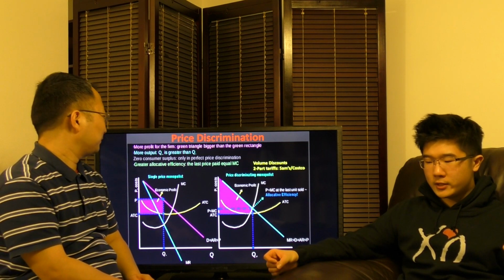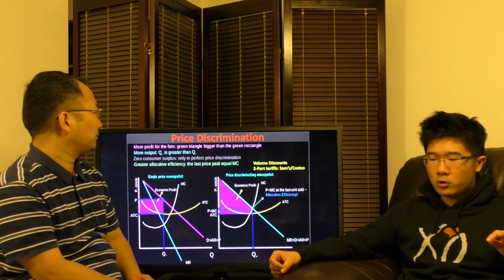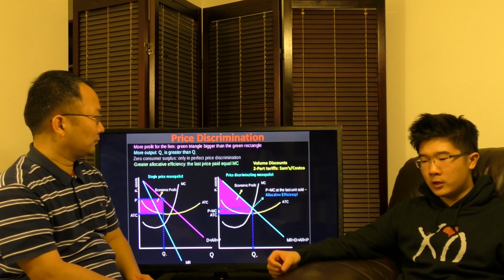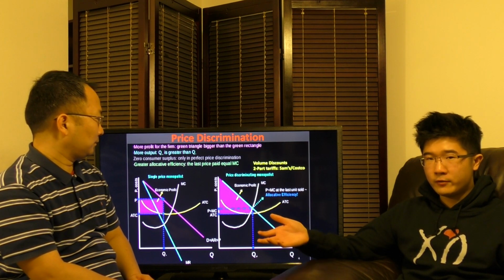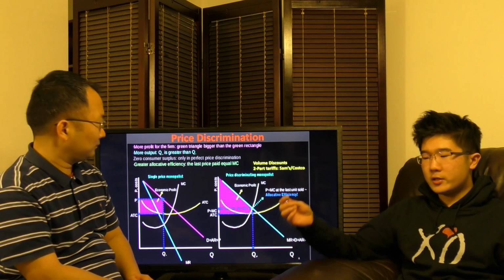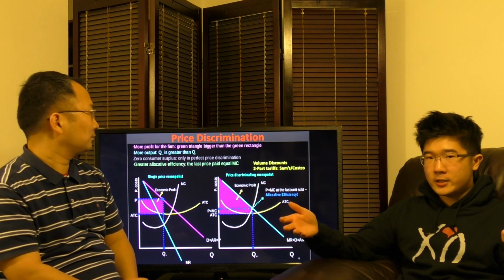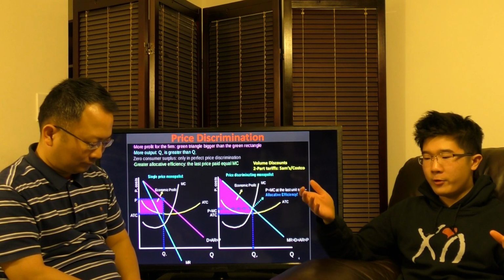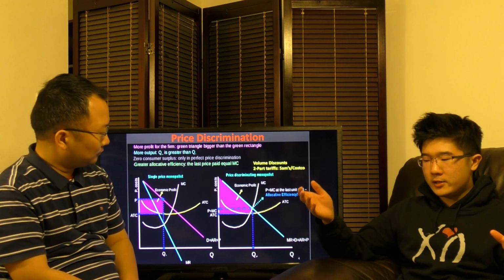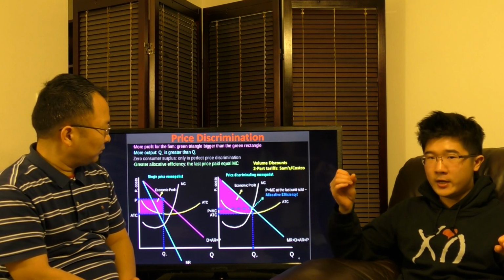So a monopolist can either set a uniform single price for every single unit of a good or service for every consumer, or they can price discriminate, meaning that for different consumers with different demands, or different demand ceilings, the highest price they are willing to buy at is different, and so the monopolist will charge different prices to those individual consumers.